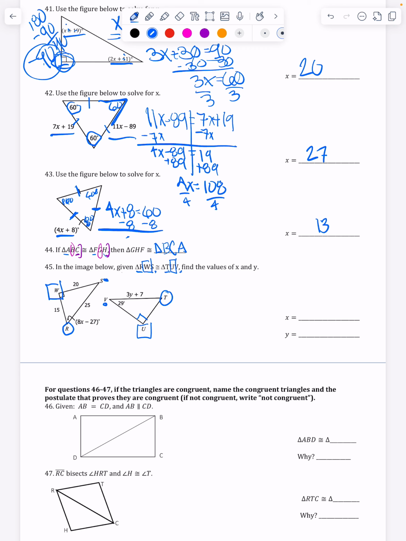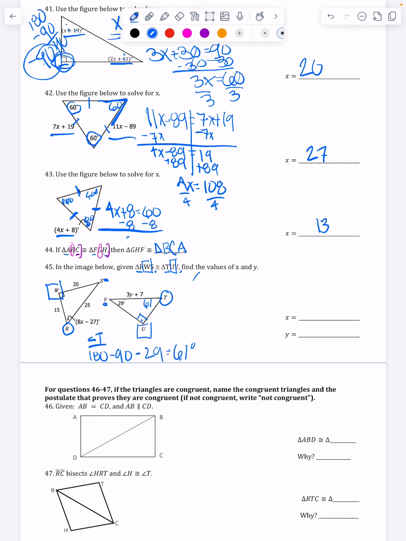So basically we want to find the values of x and y. Well, if you notice here, I can figure out the measure of angle T, and I can do that. Angle T I can find by going 180, minusing the 90, this 90 right here, minusing the 29, and it will give me 61 degrees. So I'll know this angle is 61 degrees.